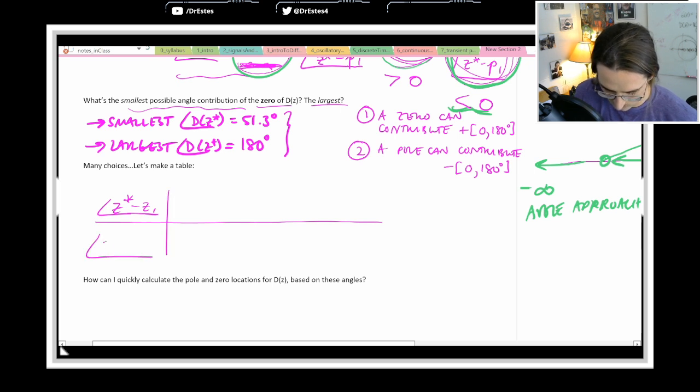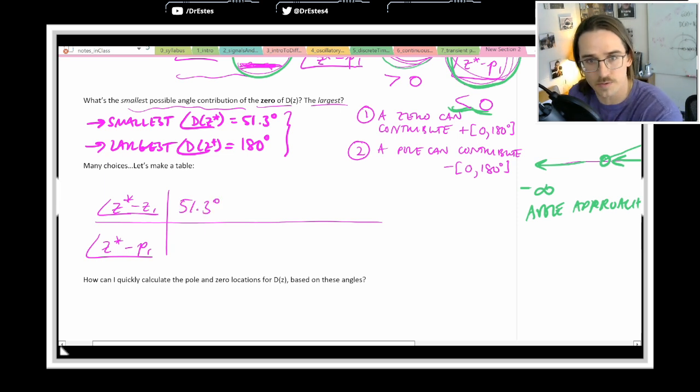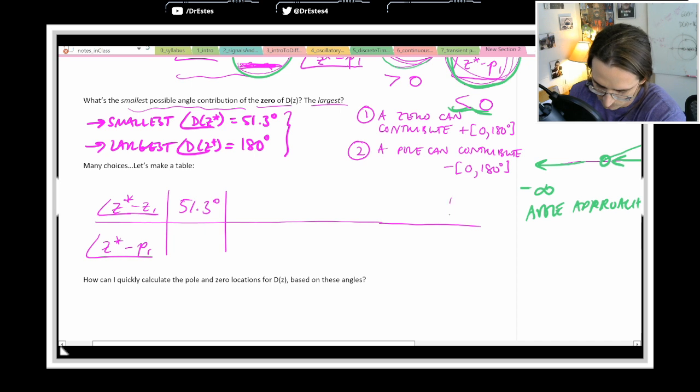And then this is going to be the corresponding pole. The smallest angle contribution that I can give from the 0 is 51.3 degrees. And the biggest, let's put it here at the end of the table, is 180 degrees.